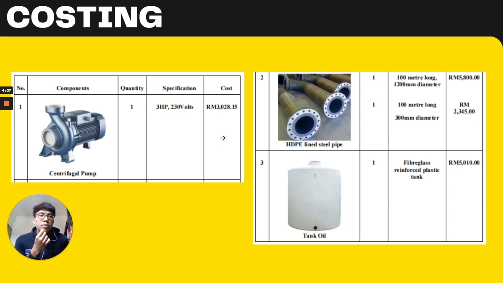Okay, the price for the first pipe is RM 5800, and for the second pipe is 2345. Okay, next the tank. We use fiberglass reinforced plastic tank, and the price for this tank is RM 5010 ringgit.